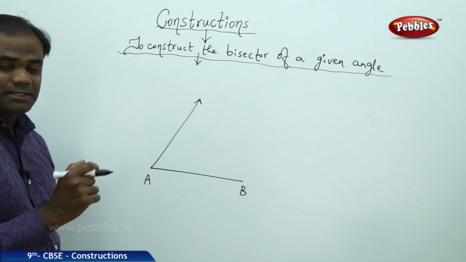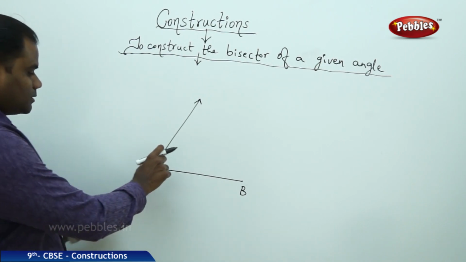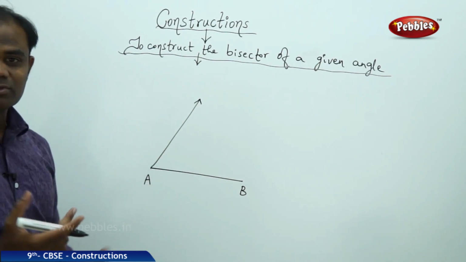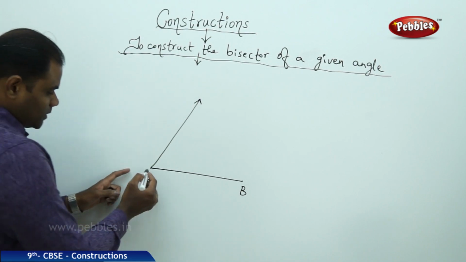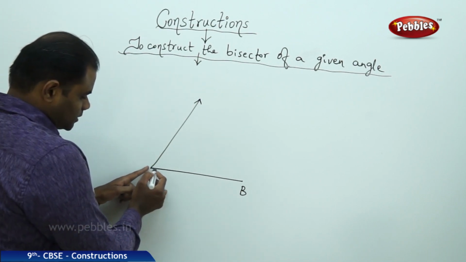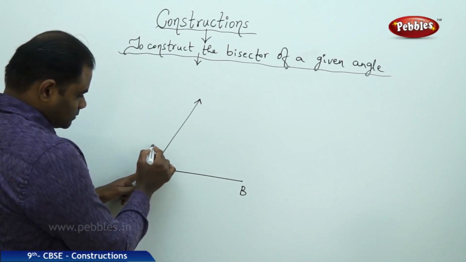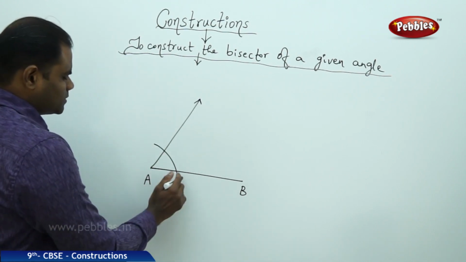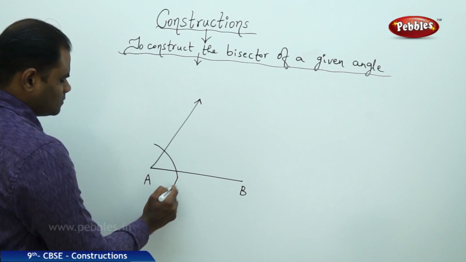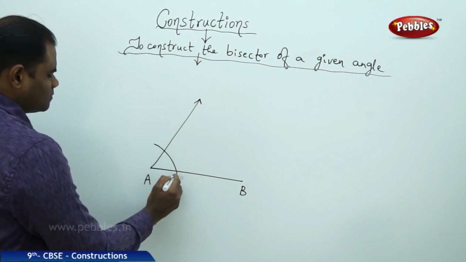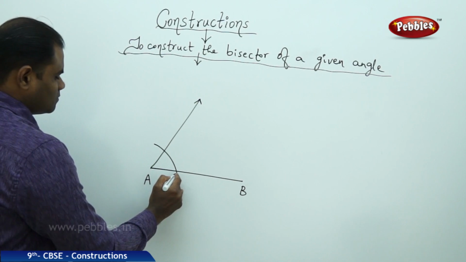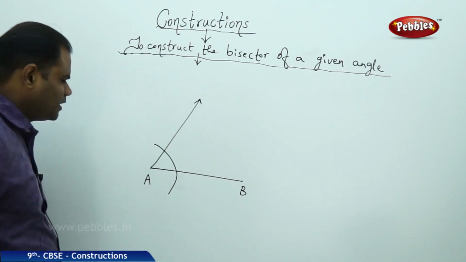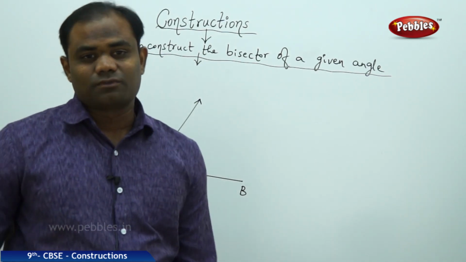Firstly, I take a compass pointed at this end and I take some suitable radius. So fix the pointer of the compass out here and just draw an arc, any arc of suitable radius.